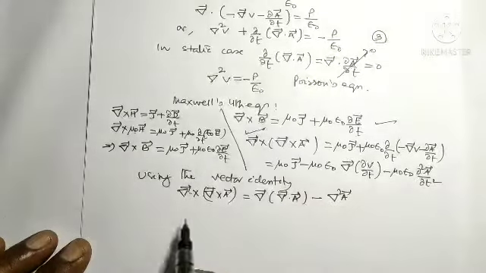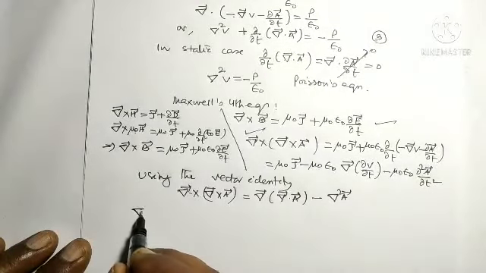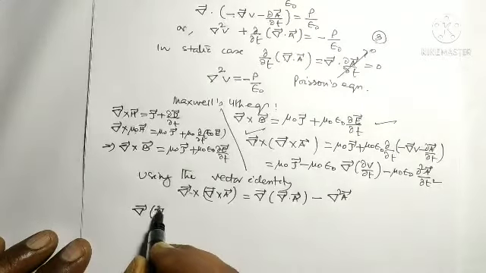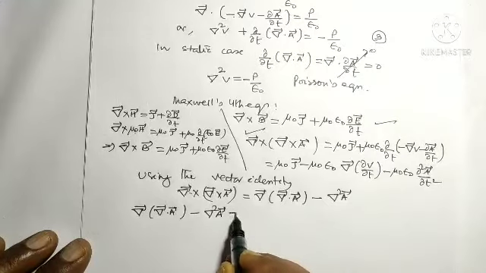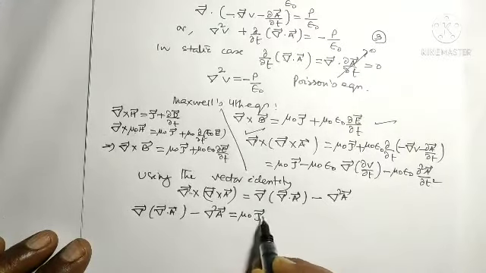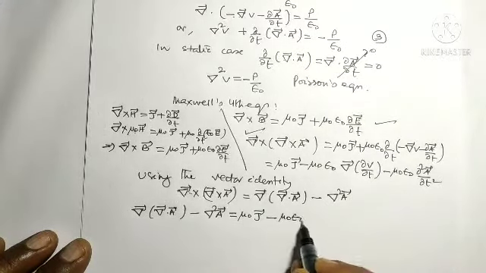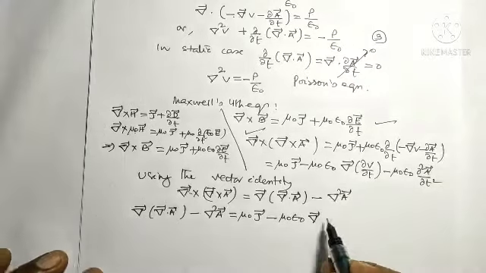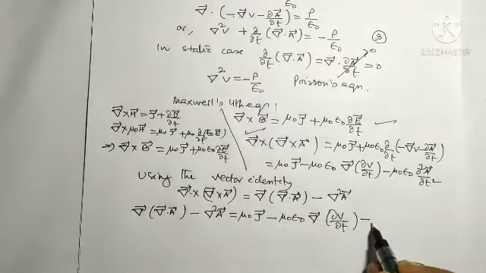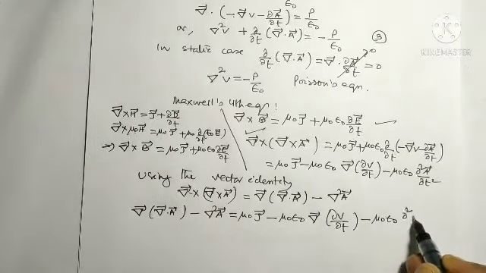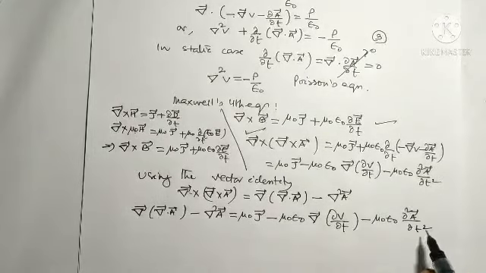So the left hand side can be written as grad div A minus del square A, equal to mu 0 J minus mu 0 epsilon 0 grad of del V by del t minus mu 0 epsilon 0 del square A by del t square.